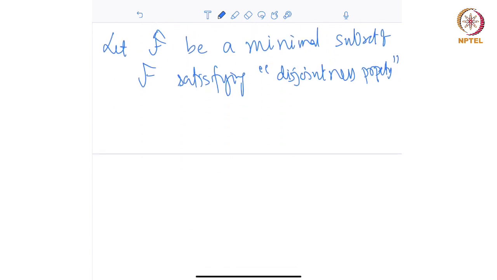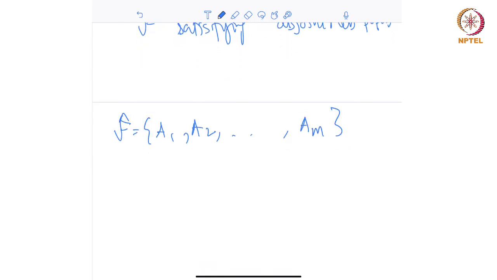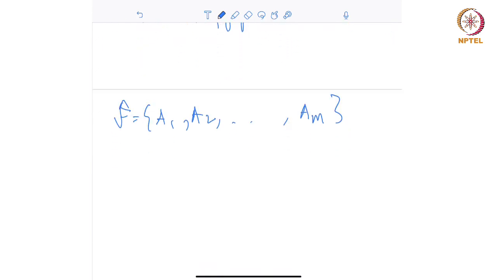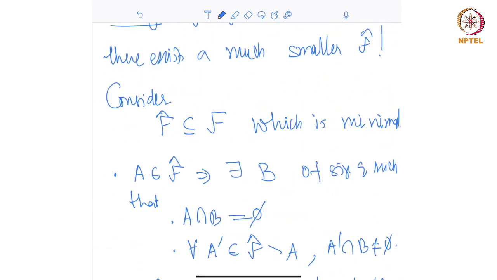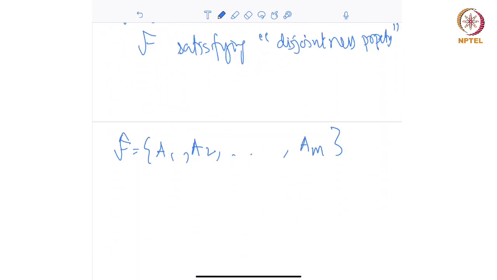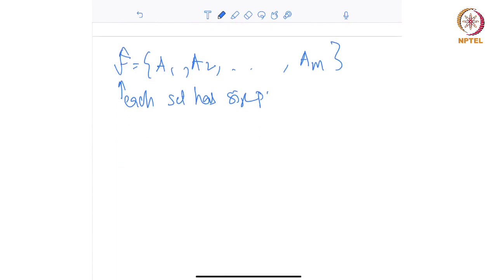Let's say F hat is A1, A2, up to AM, so there are M sets. Always recall that each set has size p. But they are minimal.